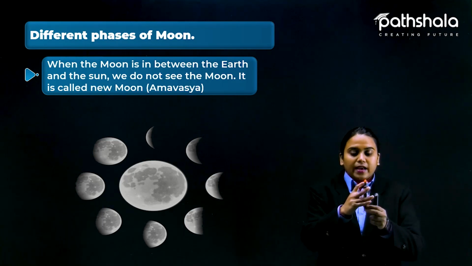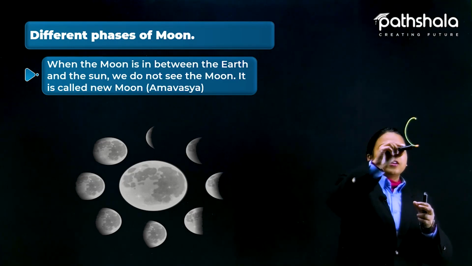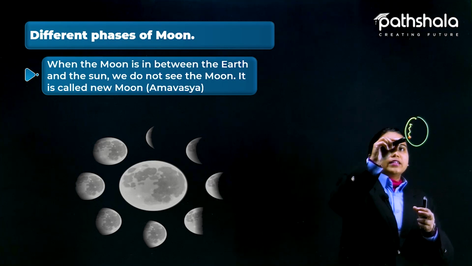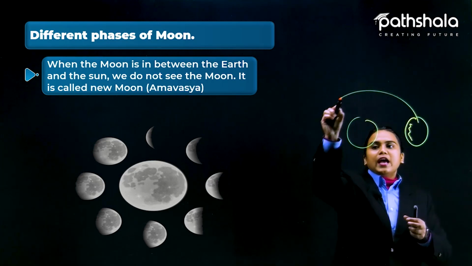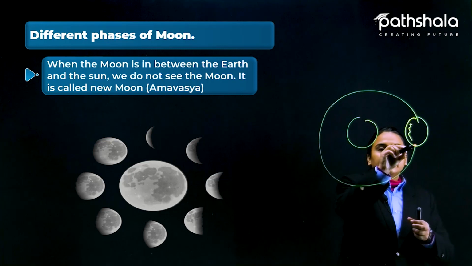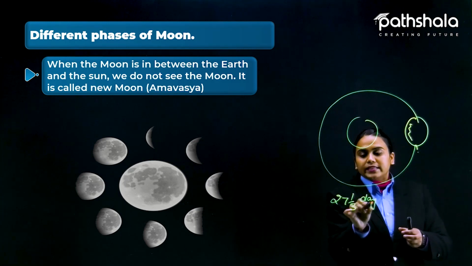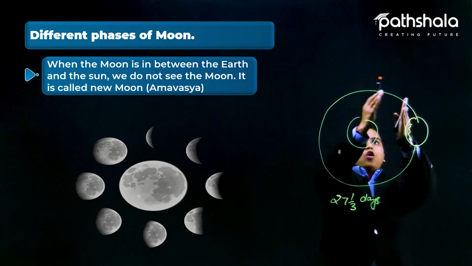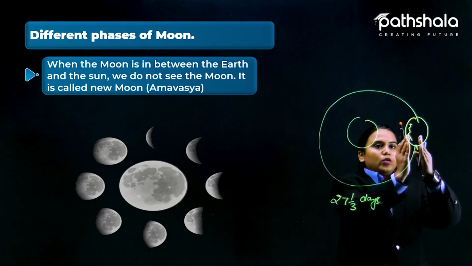Let's suppose this is the face of the moon that we are seeing, and we are here. The revolution and the rotation are completed in 27.3 days.